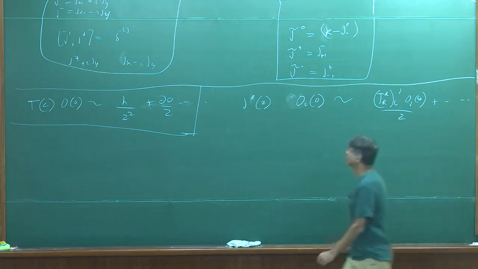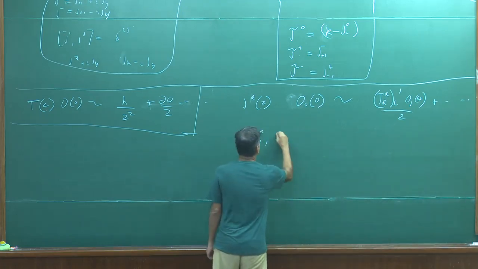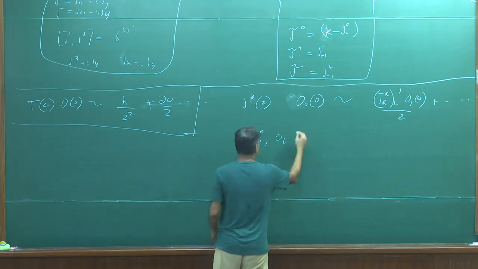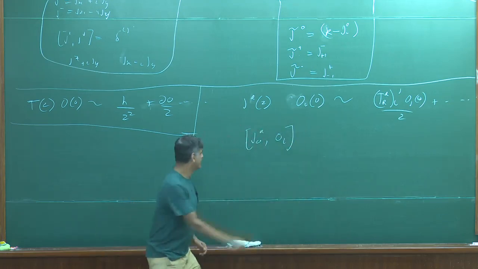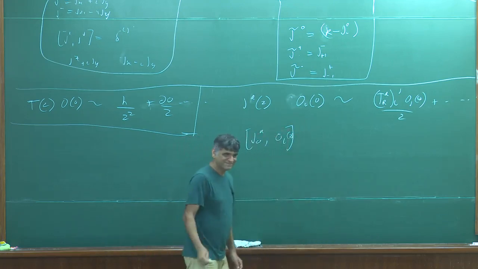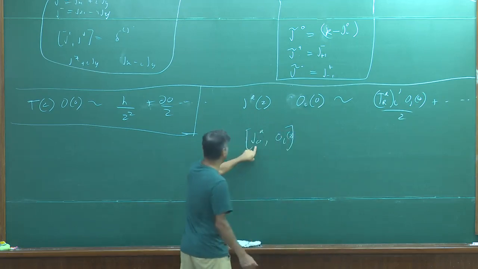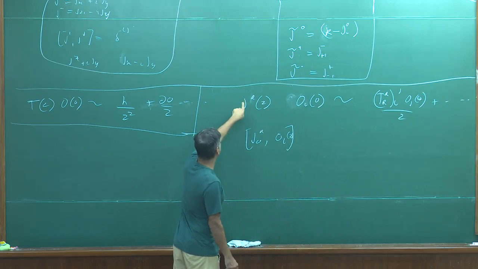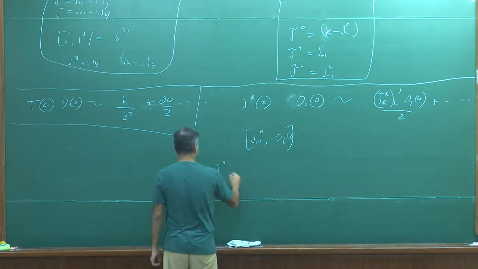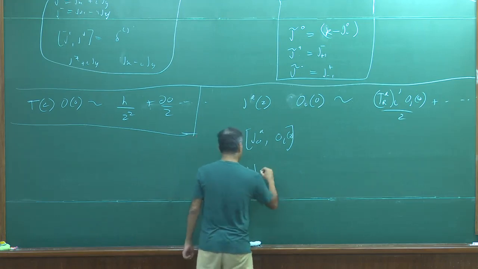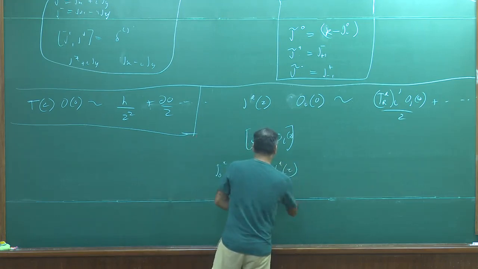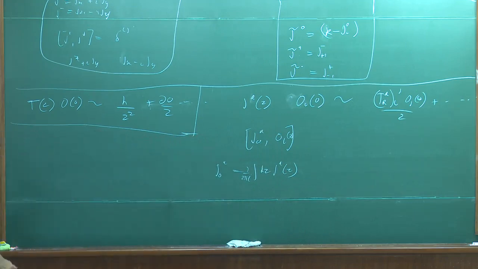The commutator of J0^a with O_i(z) is obtained from the pole in the OPE. Remember, J0^a is equal to 1 by 2 pi i integral dz J^a(z) with nothing else, because the expansion is J^a divided by z^(m+1).